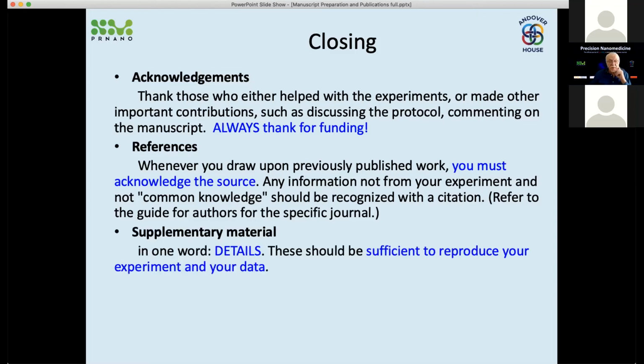Add supplementary material. Precision nanomedicine has unlimited supplementary material. These are PDFs that, in one word, provide details to reproduce your experiment and your data. Again, that helps you primarily, not only the other person.